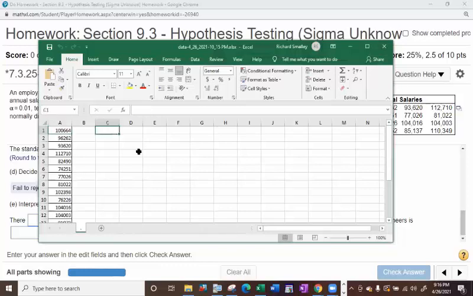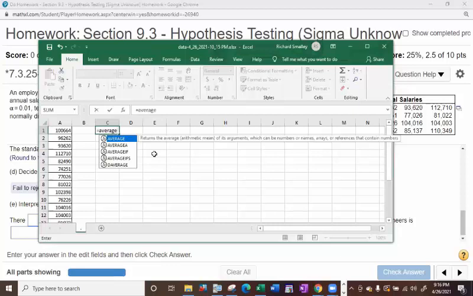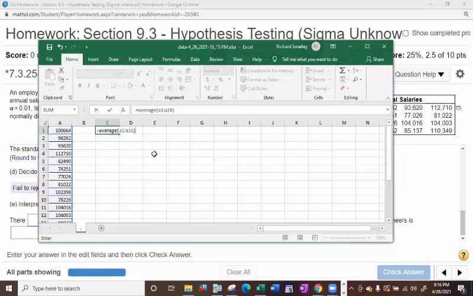But anyway, I just picked a cell over there. I could go equals average A1 to A16, and there's your mean.